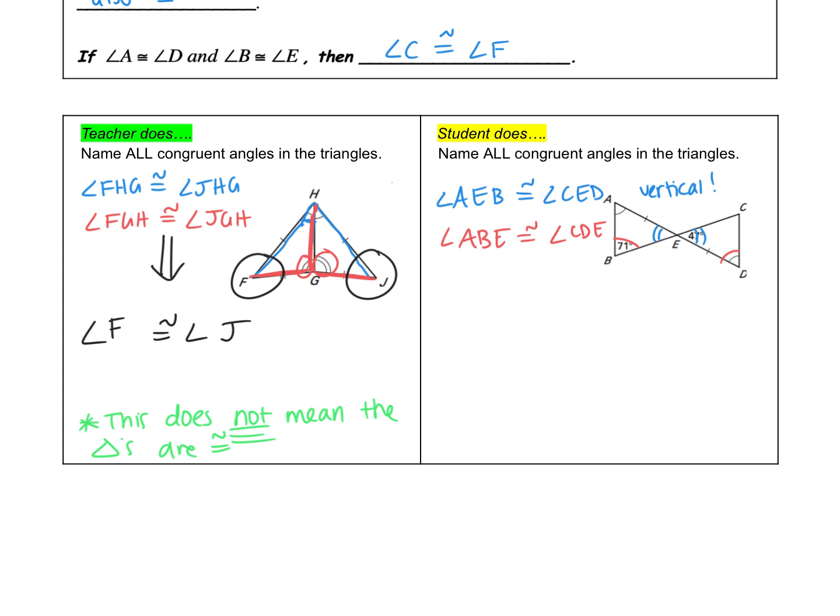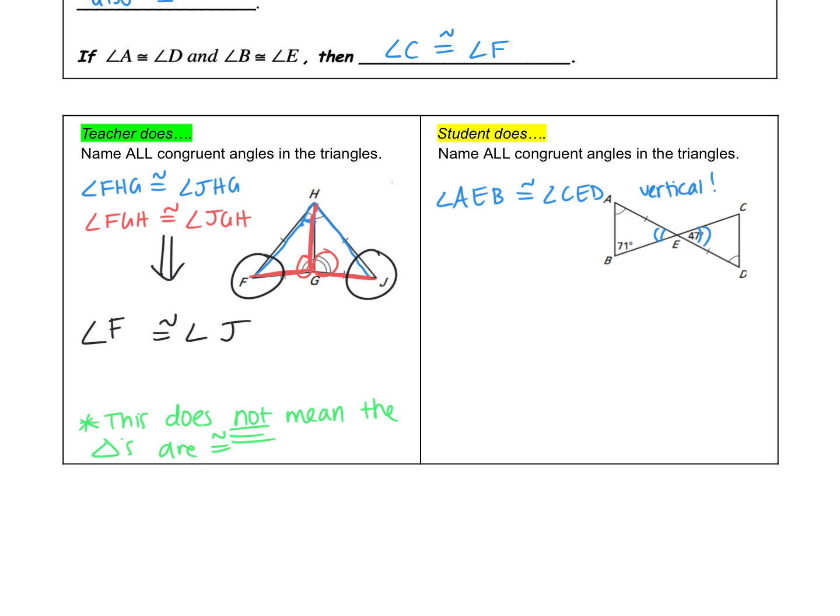Is that what you meant? Let's adjust this a little bit. Let's take a look at the ones that are marked. Thomas already did those vertical ones. The only other markings we have right now, I want to focus on those.